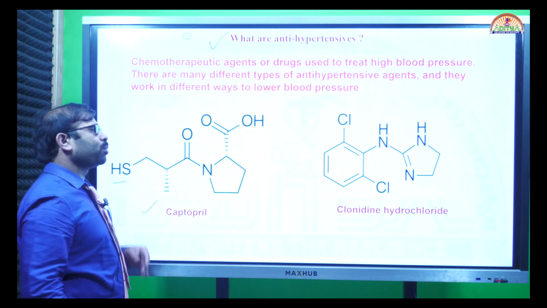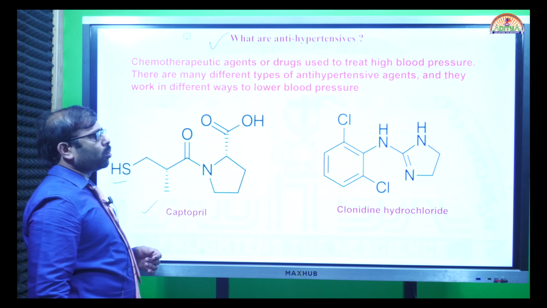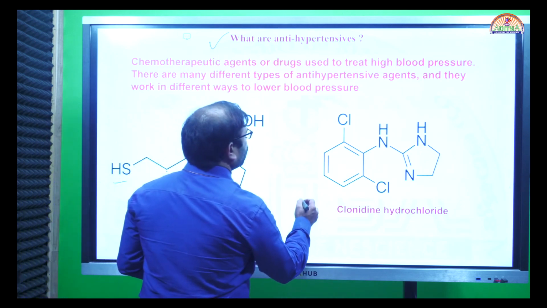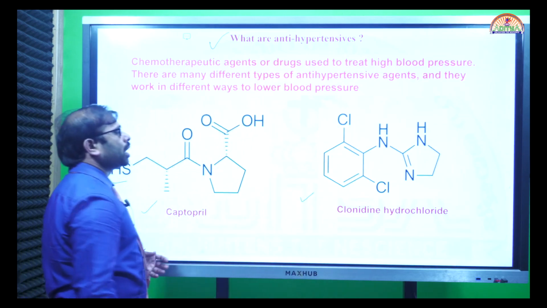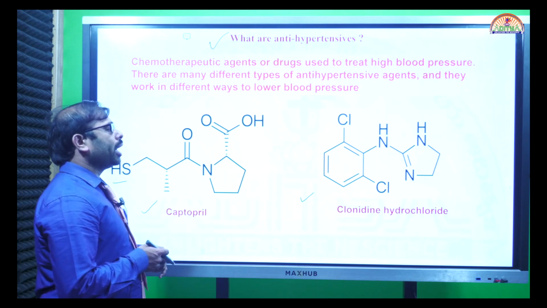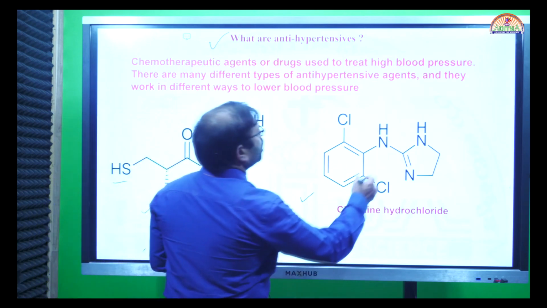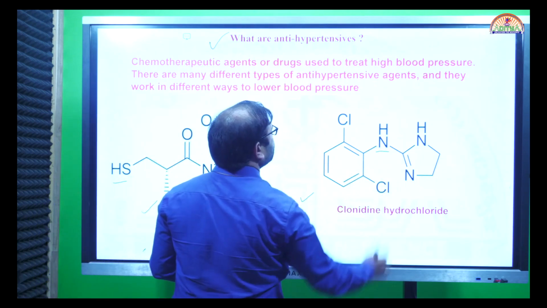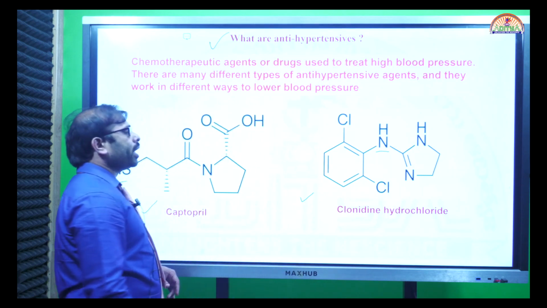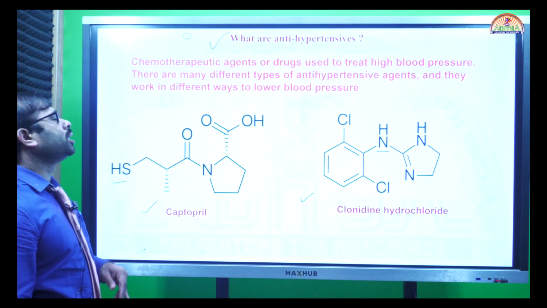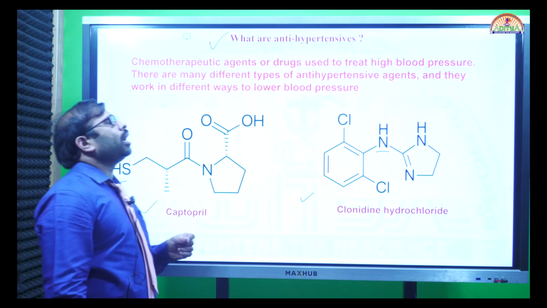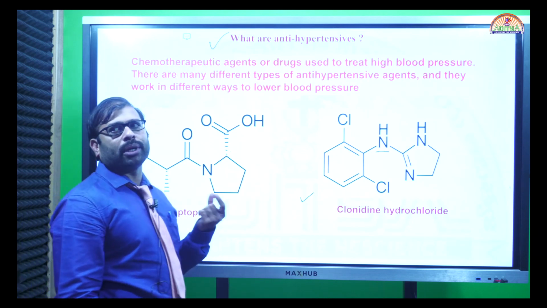Captopril is one of the best examples. Another is clonidine. Clonidine is a combination of an aromatic and a heterocyclic molecule, and this amine exists in the form of hydrochloride, called clonidine hydrochloride. These are the best examples of antihypertensive agents.